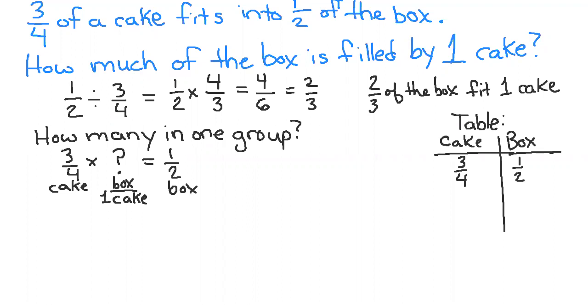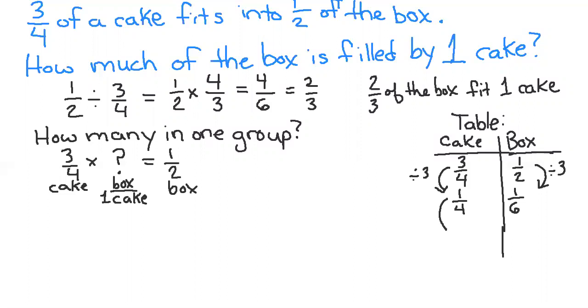If we divided our quantity of cake by 3, we would know how much 1/4 of the cake takes up by dividing the other side by 3 as well. So now we see that 1/4 of a cake fills 1/6 of the box.